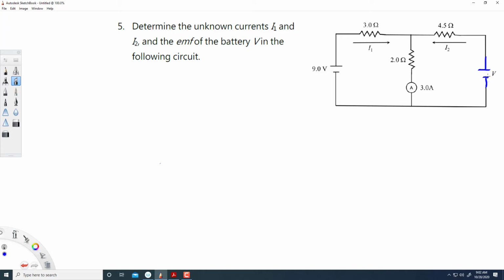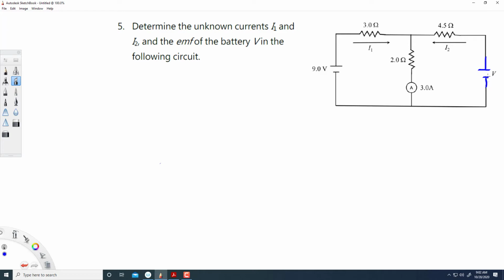We need to find the EMF of that battery, which is denoted by V, and I1 and I2. Whenever we solve this kind of problem, we need to use both the junction rule as well as the loop rule. If you just use the loop rule, it won't give you anything in most of the problems. So it's always better to use both.